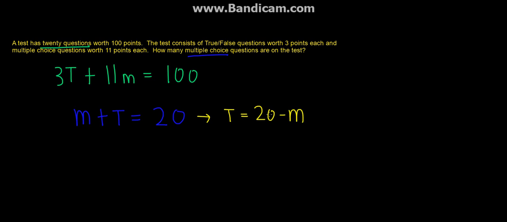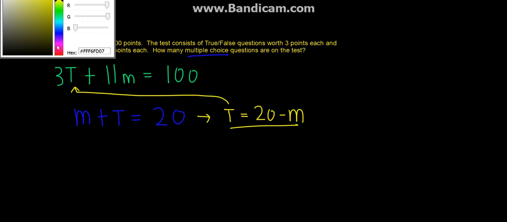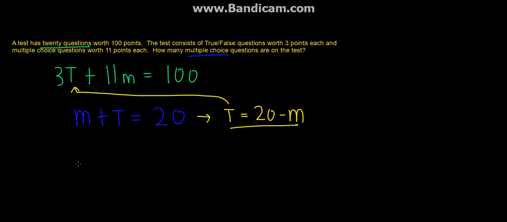Therefore, we can simply substitute this t right here back into this t. So let's rewrite this problem. We said 3 times, but instead of t, we're using 20 minus m. So we're substituting 20 minus m for t. 3 times 20 minus m plus 11m is going to equal 100.